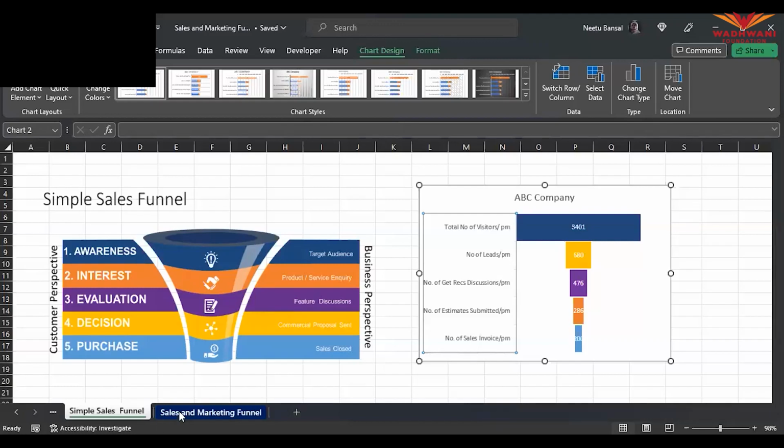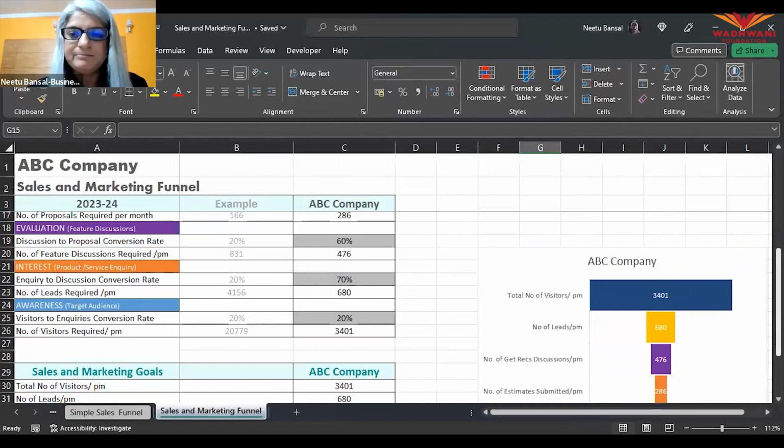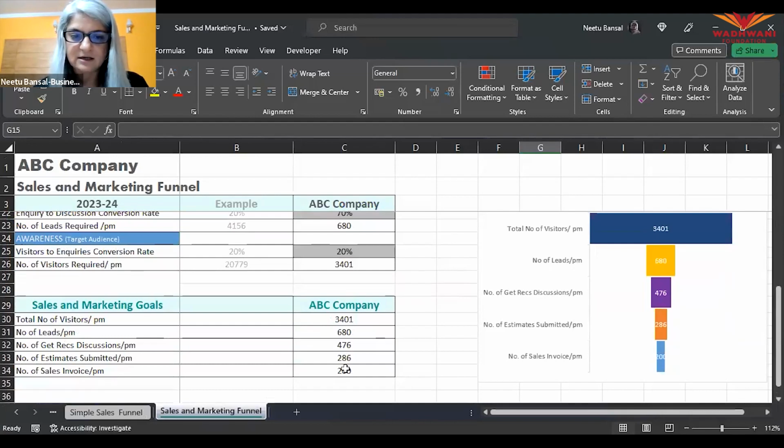Perfect. Great. So let me continue. By now what you've realized is that you can build a funnel. But then what are you going to do with this funnel? What is the use of this funnel? Okay, let's have a look at that now. And how can you also optimize this funnel for yourself? Now, for those of you who see that, to raise 200 invoices per month, I need to get 3,401 visitors per month.